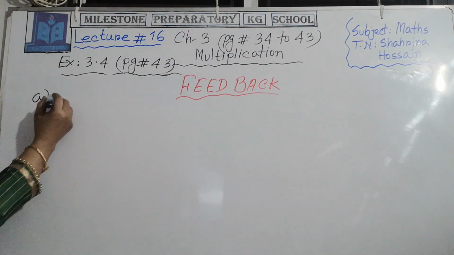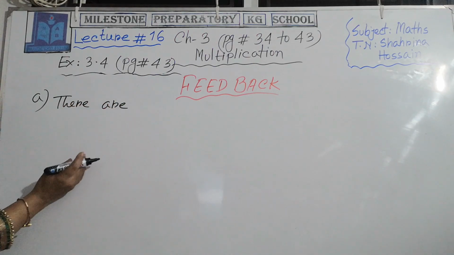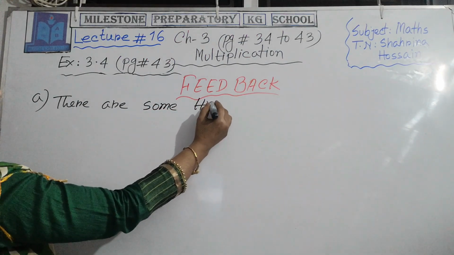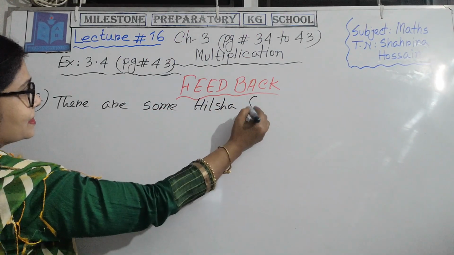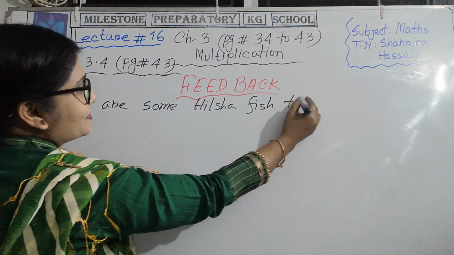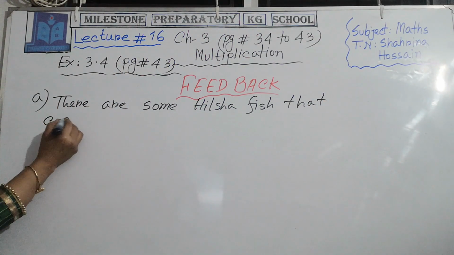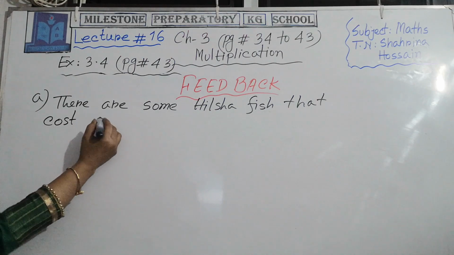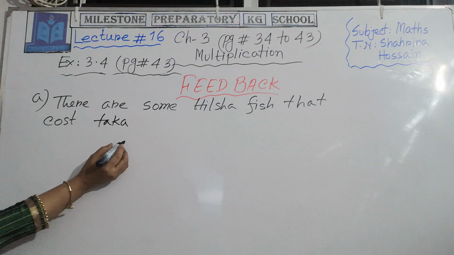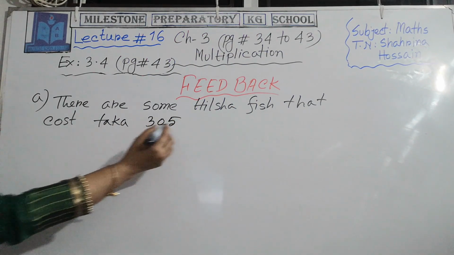Number A. There are some hilsa fish that cost taka 305 each.